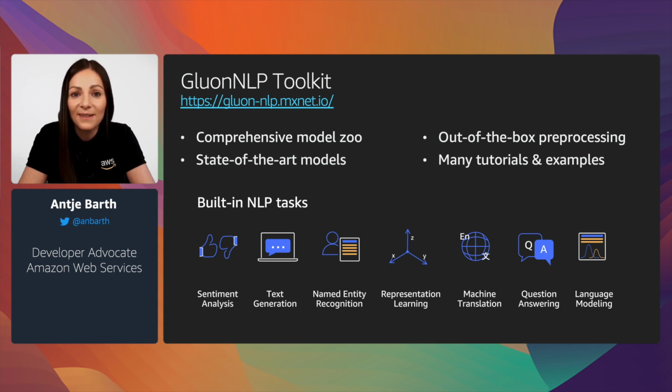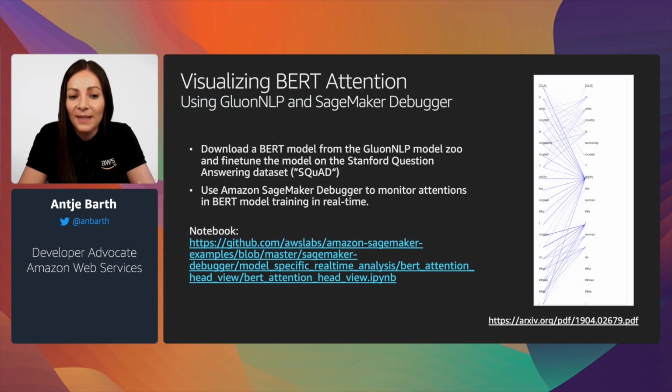If you want to give it a spin yourself, here I've included a link to a notebook that actually uses the Gluon NLP library and toolkit in combination with Amazon SageMaker Debugger to visualize BERT attention, as you can see here in this little graphic.